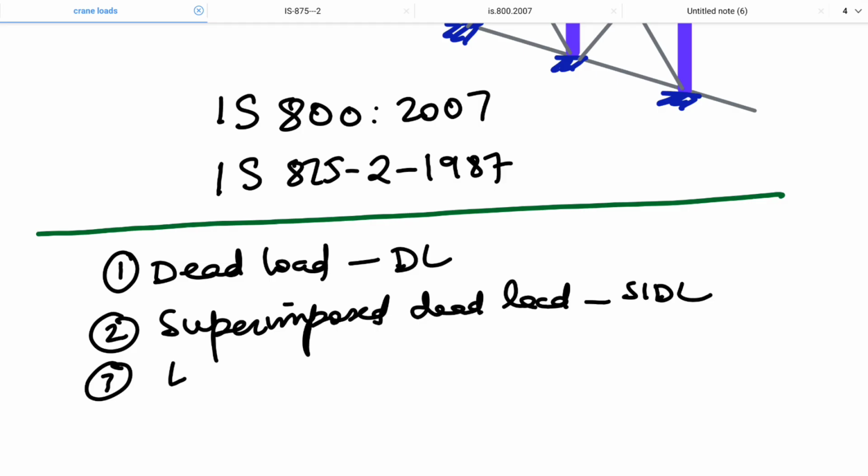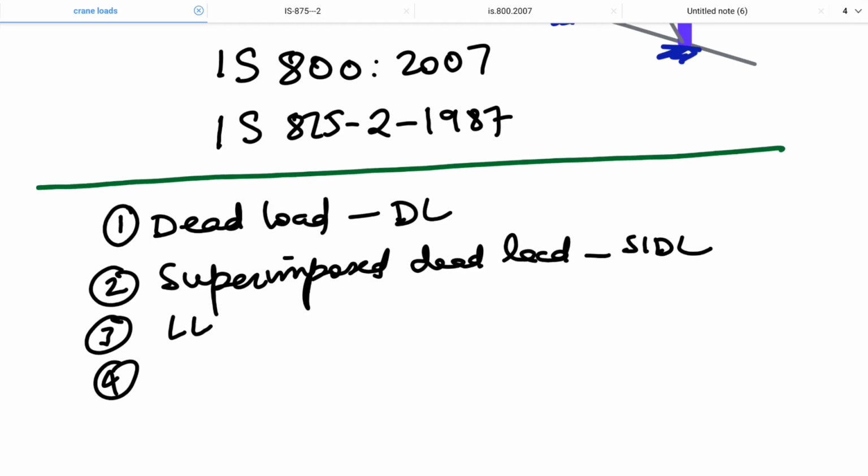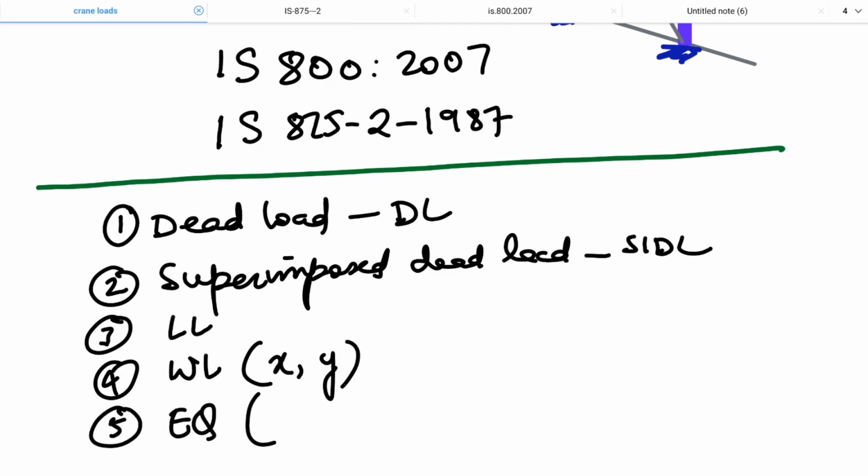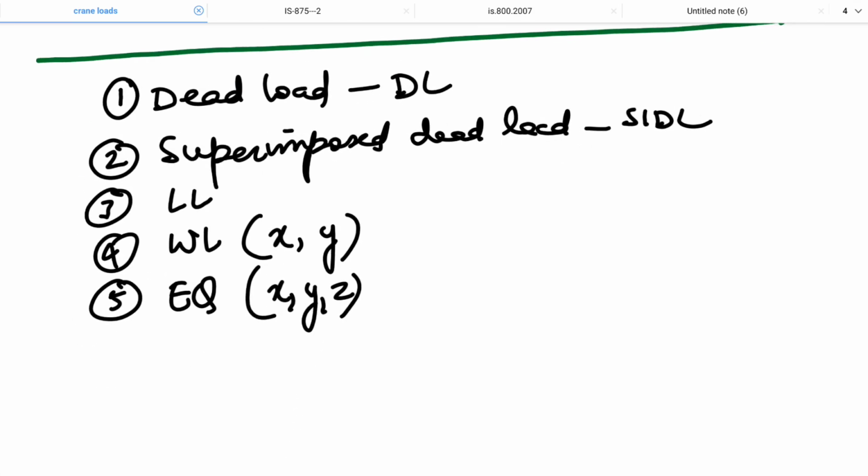Number 3, live loads. Number 4, wind loads. If it is a steel structure more than 10-meter height, we also need to consider wind loads, in X direction and Y directions. Then we have earthquake loads. These are there in X, Y and Z directions. Then we have crane loads.